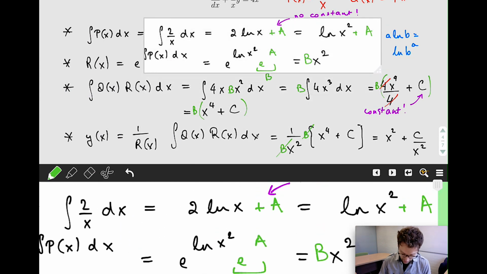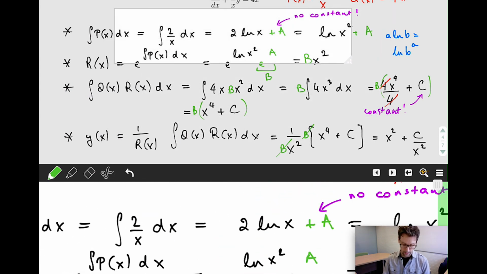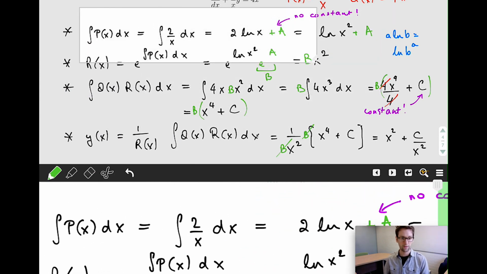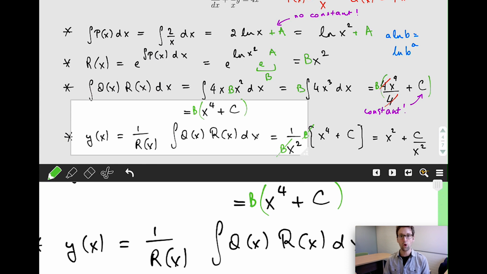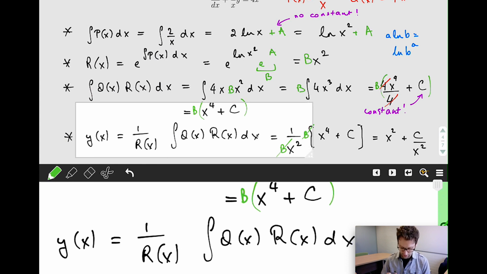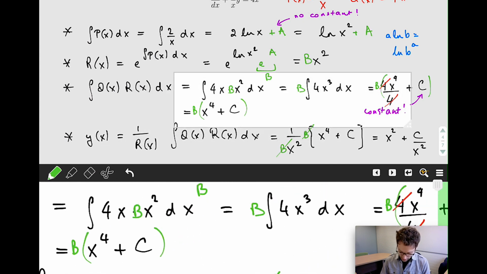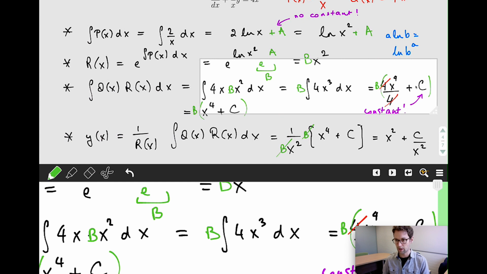Whenever I include a constant in the integration factor, this integral of p of x dx, that constant is going to cancel on top and bottom in my final answer, so that I only have one constant of integration. So I don't need to include that constant in my calculation. On the other hand, the constant that does appear, this c and this constant c, is important in the final answer, so I do need to include that.